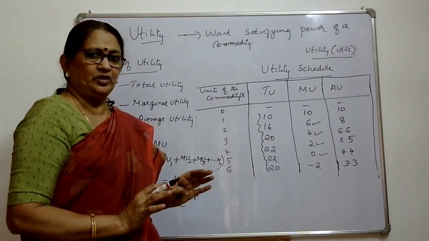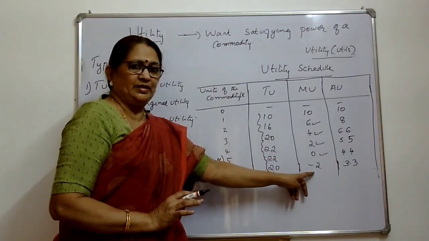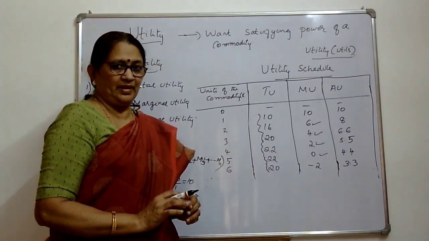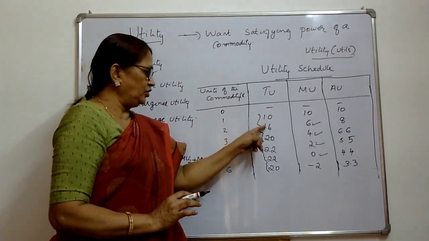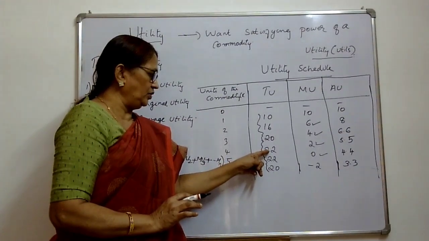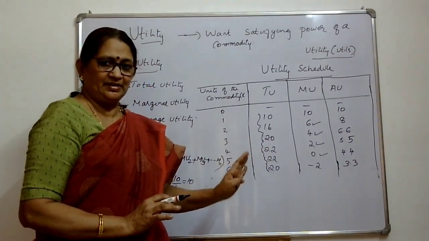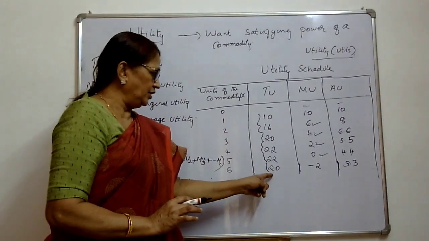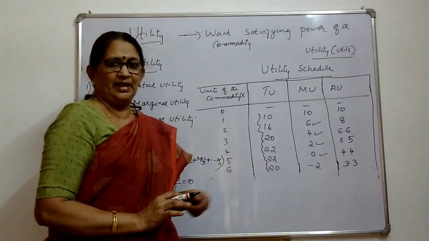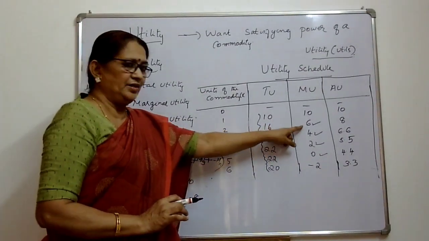Okay? So marginal utility becomes negative. So, 10 to 16, 16 to 20, 20 to 22, 22 to 22 means 22 remains the same. Then 20. So marginal utility becomes negative 2. So, how did we calculate marginal utility?